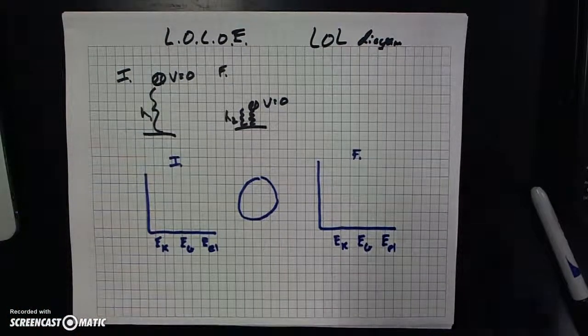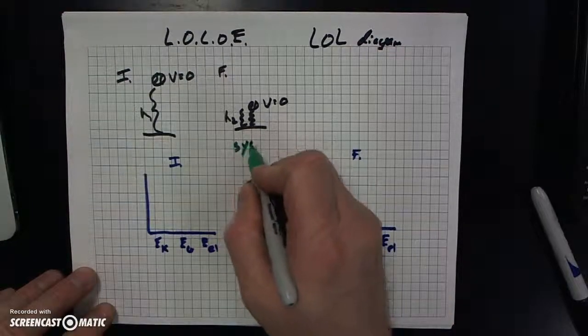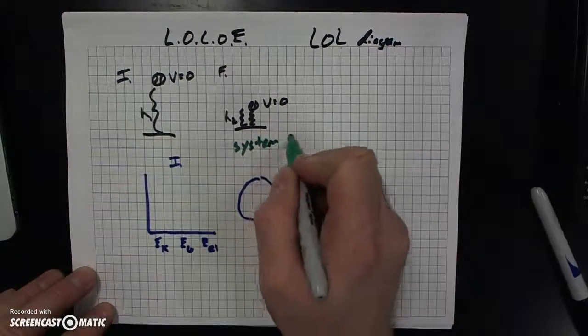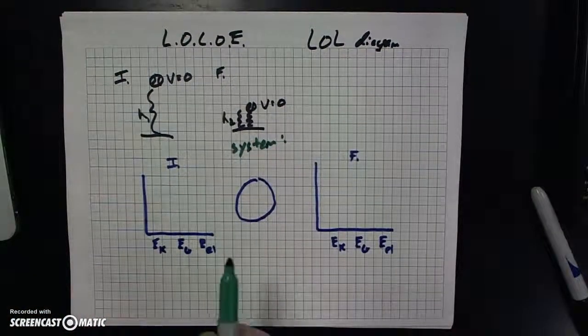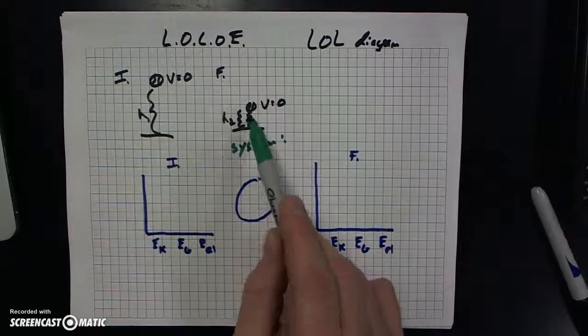So, before we do anything else, we must properly define the system. The system is whatever it is that we are looking at. In this case, we have a couple of players. We have the ball, we have the earth, and we have the spring.